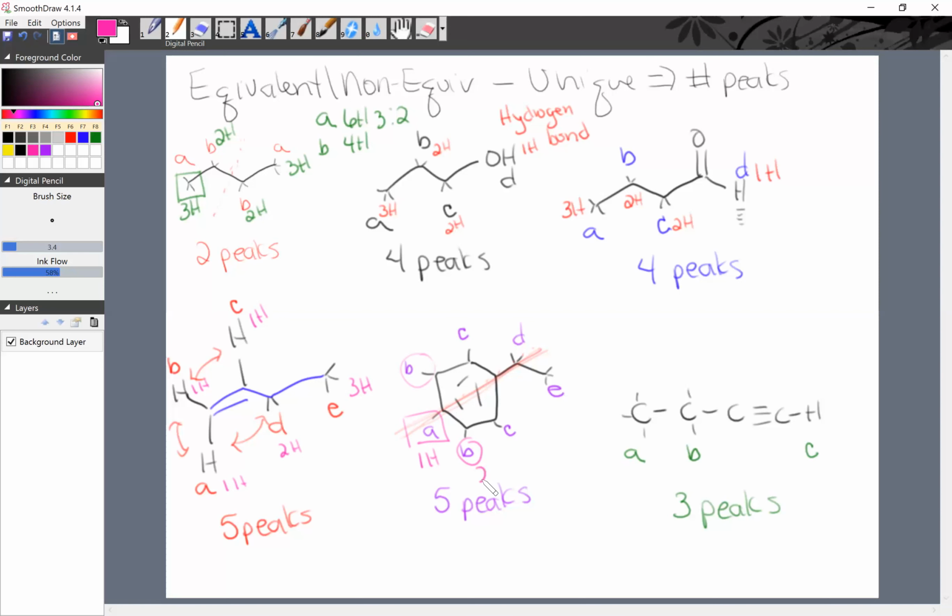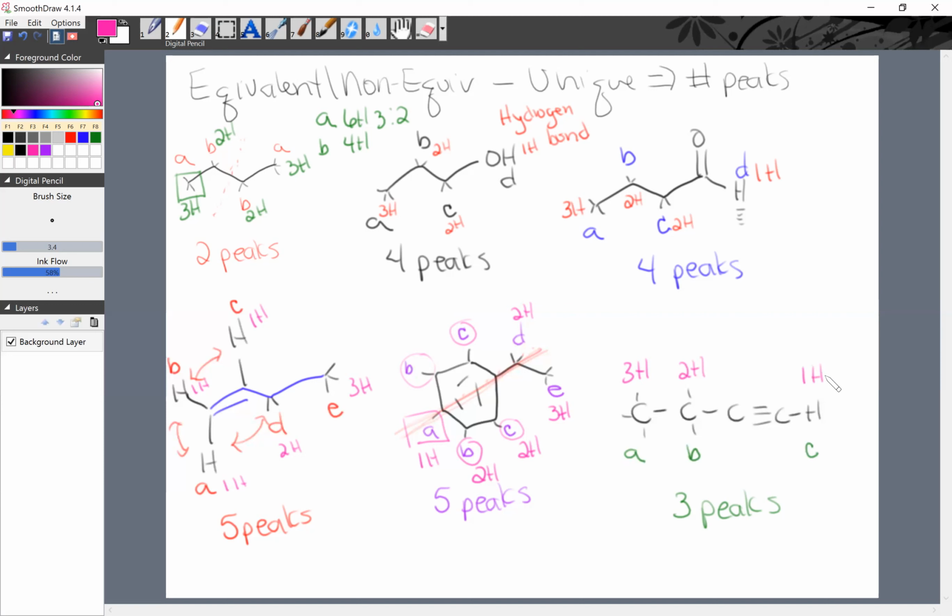So that one will integrate for 2 hydrogens. The C's are the same, so that will integrate for 2 hydrogens, and 2 hydrogens, and 3 hydrogens. And then last but not least, let's do this alkyne. This one will integrate for 3 hydrogens, 2 hydrogens, and 1 hydrogen.